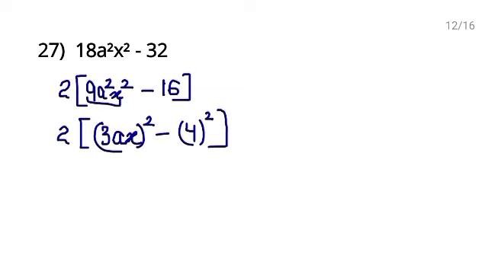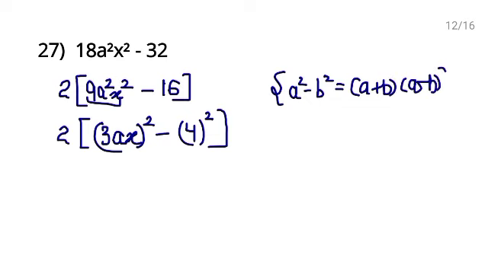Now this is in the form of a square minus b square, where a is 3ax and b is 4. So use the identity a square minus b square is equal to a plus b into a minus b, right? So 2 is outside the bracket.